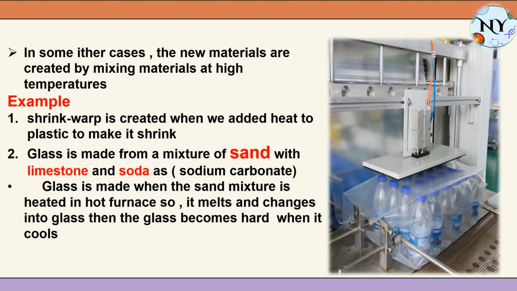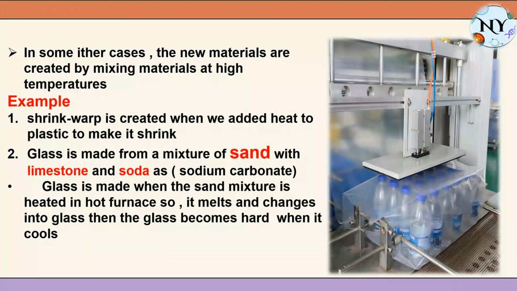The final information here about new materials is glass. Do you remember that we can make different glassware by heating glass at very high temperatures? Yeah, great job. It's called glass blowing. Glass is a mixture of sand, limestone, and soda.